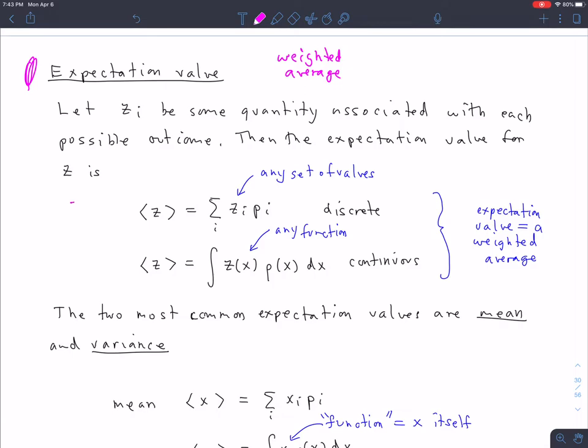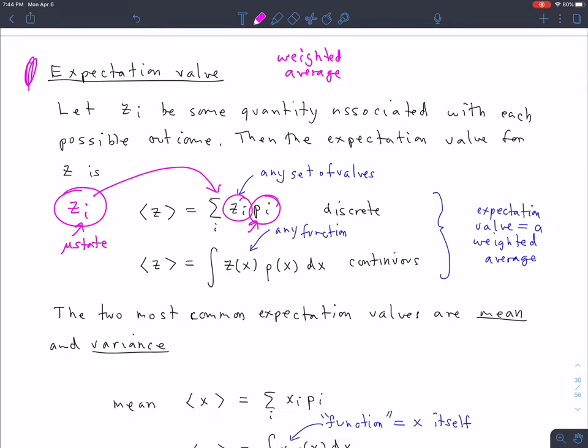Let's suppose I have some quantity z that's associated with every possible outcome or every possible microstate. So for every microstate in my set of possible microstates, I've got some z. It might be energy, it might be position, it might be momentum, it might be angular momentum, it might be anything else. Doesn't matter what it is. Whatever it is, I put that into this sum and I multiply it by the probability for that same microstate.